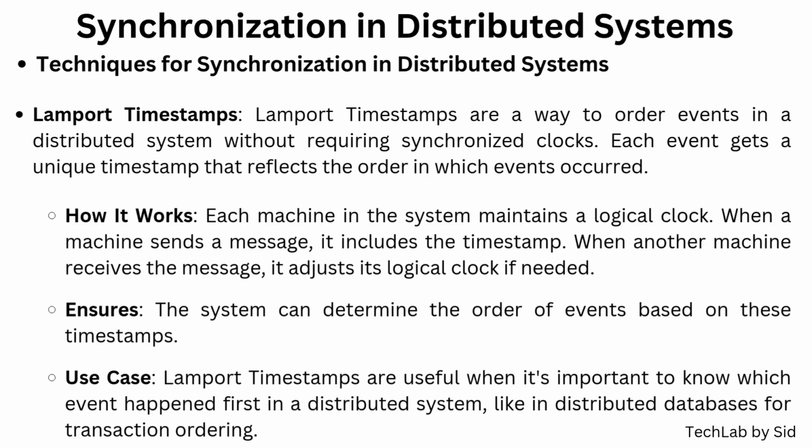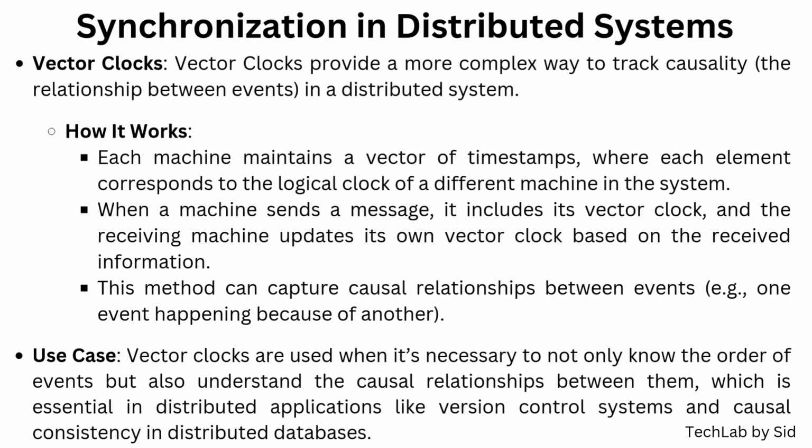Lamport timestamps are particularly useful in scenarios where it's essential to know which event occurred first, such as in distributed databases for transaction ordering. Vector clocks. Vector clocks offer a more complex approach to track causality, or the relationship between events, in a distributed system.